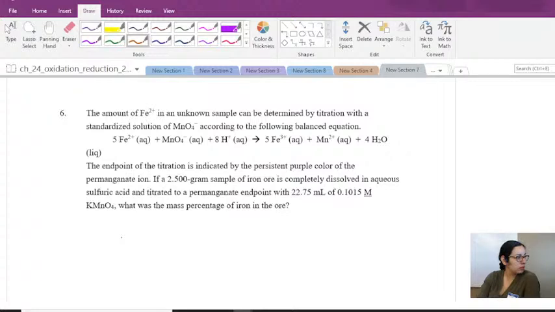So they're not showing us the whole formulas. Is that H plus the sulfuric acid? No, because it's dissolved first. They just didn't want the bystanders then.